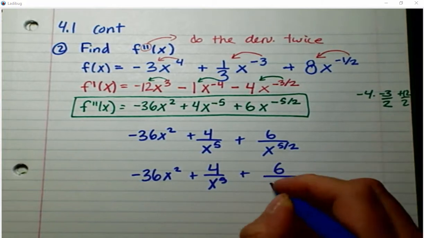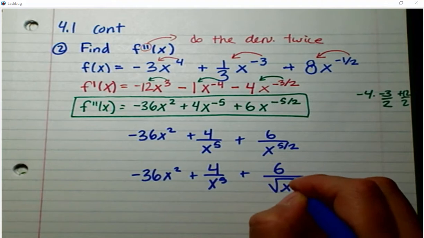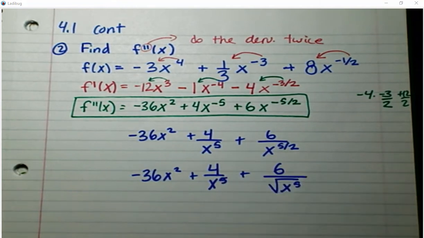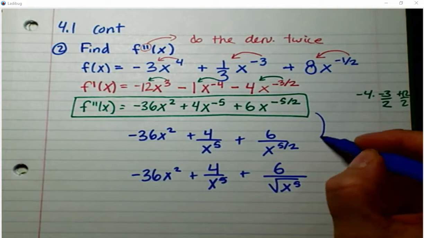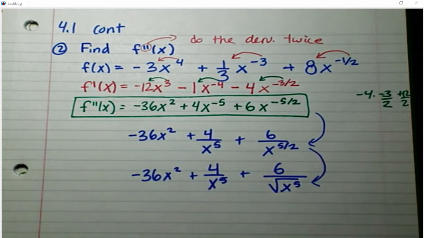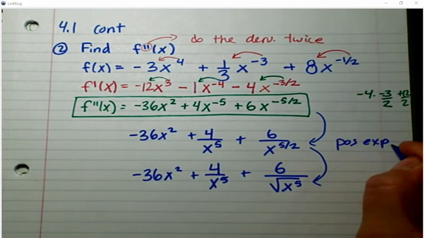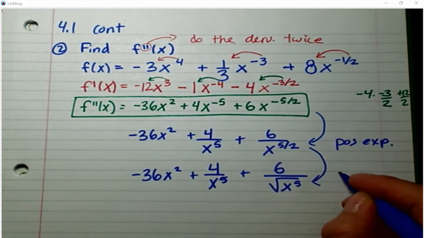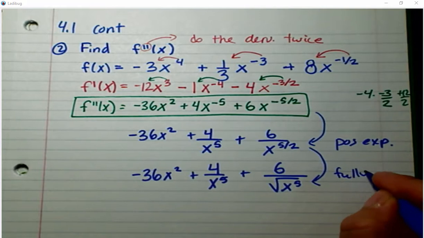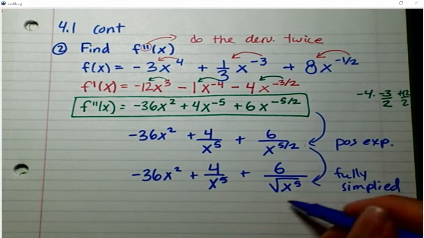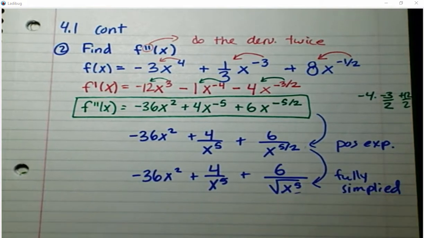Power root. All of these things are the same. They're just written differently. This one has positive exponents. This one is fully simplified, which means that you write it as the radical instead. It just depends upon the directions, which one you pick.